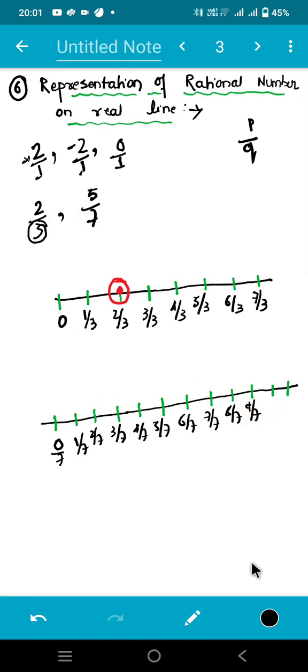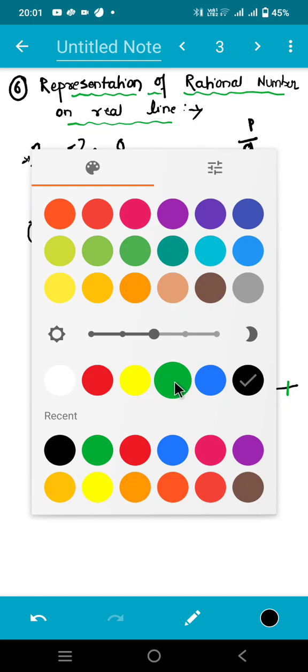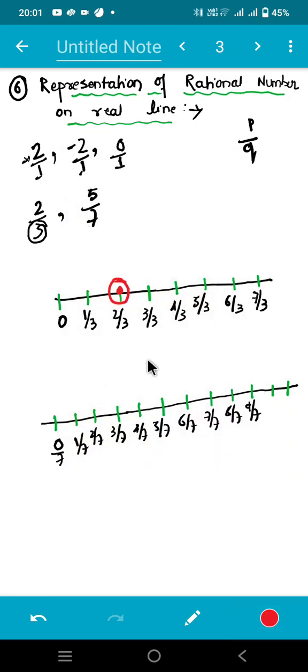Fine. So which rational number do you have to locate? Sorry, I've chosen the wrong color. 5 by 7. So where is 5 by 7? Here it is. 5 by 7. So this is how you will locate, or you can represent the rational number on the real line. Okay, I hope you have understood this.